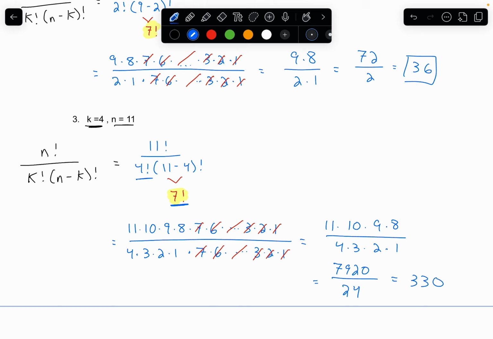So if I wanted to list all of those different situations where I can arrange, in this case, 4 successes in 11 trials, I would have had 330 different outcomes, which is far, far, far too many to do by hand. So you can see that the choose function really comes in and helps us out when we're counting these different number of scenarios, which is going to be a big part of finding probabilities of binomial experiments.